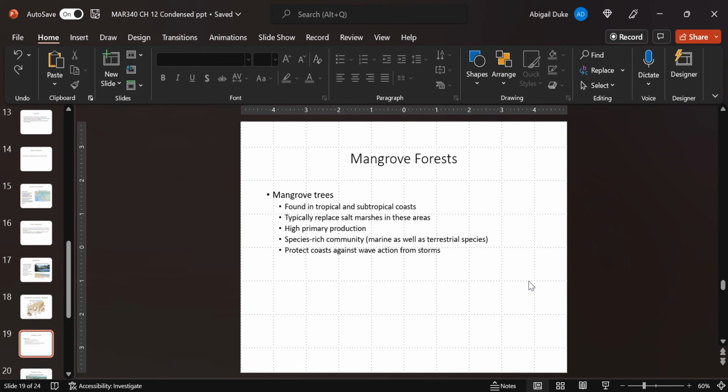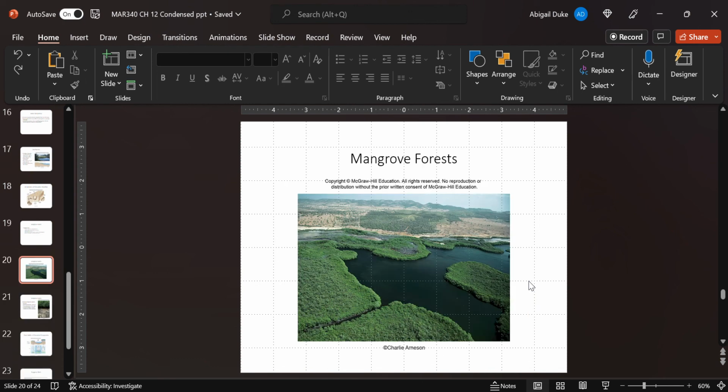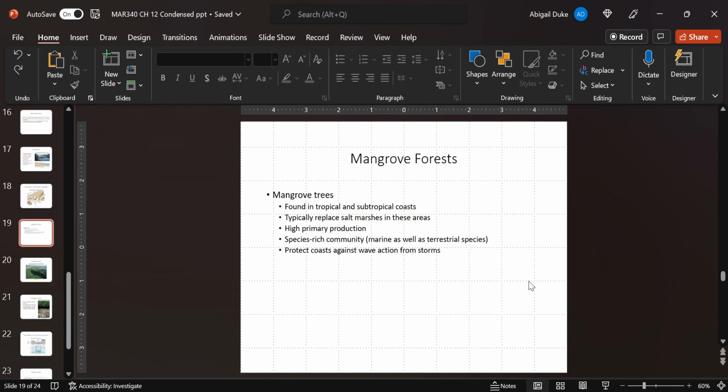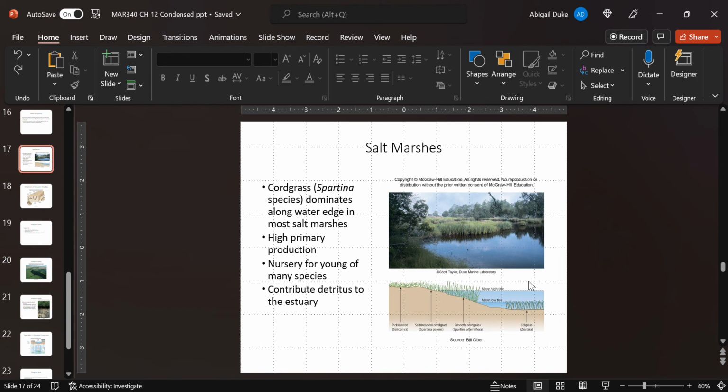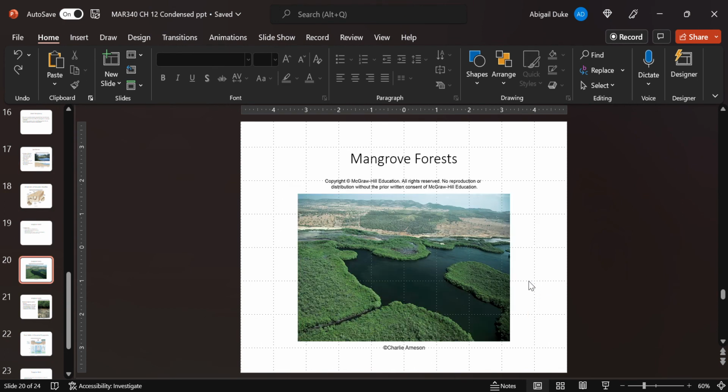They do replace the salt marshes. So the cordgrass, if you have these, you can't have these, or you can have these, but then you can't have these. So anyways, but yeah, now we have an image of a mangrove forest.